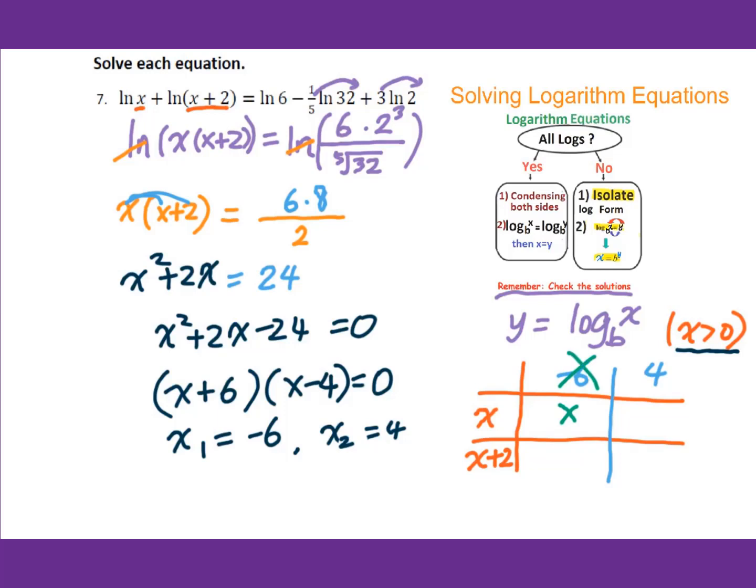Then we go to 4. Plug 4 into this x, yes, it's positive. x plus 2, that means 4 plus 2 is positive. So we put a check. That means only x equals 4 is the solution. x equals negative 6 is not the solution.